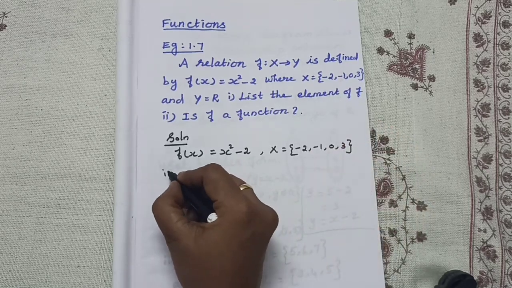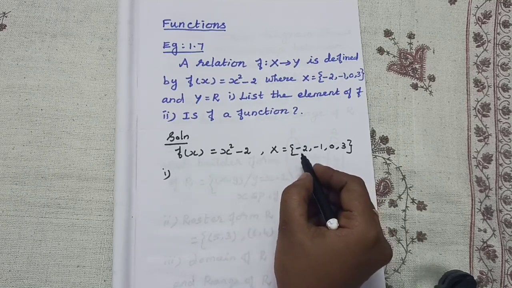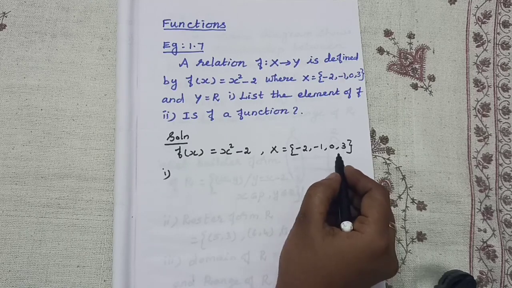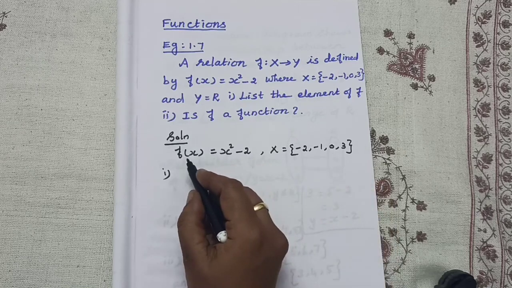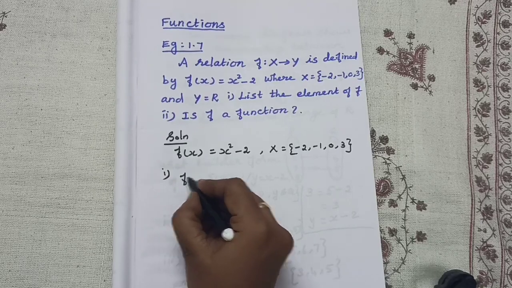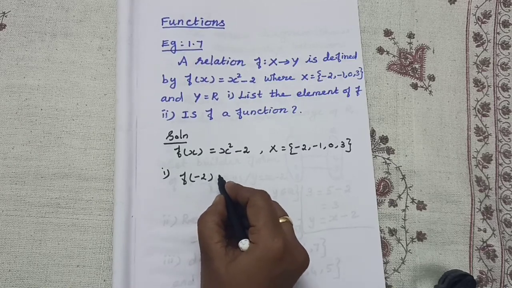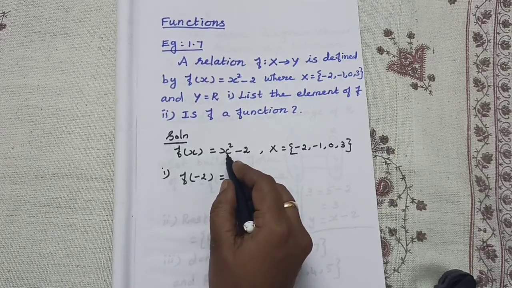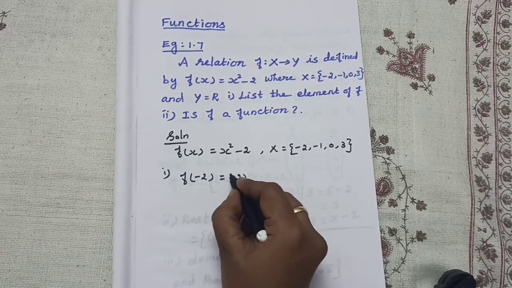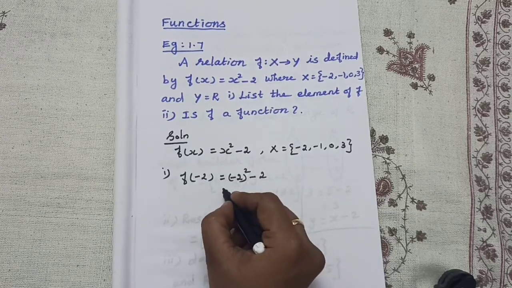You can find the elements. Here X has the elements minus 2, minus 1, 0, 3. These four values we have to substitute in f of x. First, f of minus 2 is equal to, in the place of x, we substitute minus 2: minus 2 the whole square minus 2.